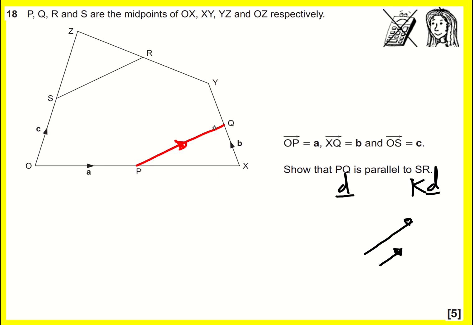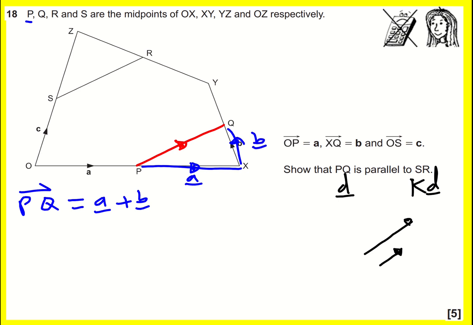So I can make this vector PQ by first going along to PX and then going from X to Q. But wait, P is actually the midpoint of OX, and so this vector here is also A, and therefore I can write down that PQ is equal to A plus B. I found the vector PQ.